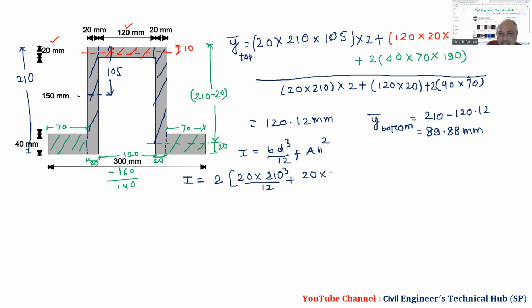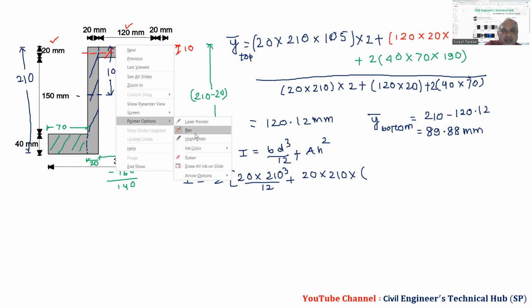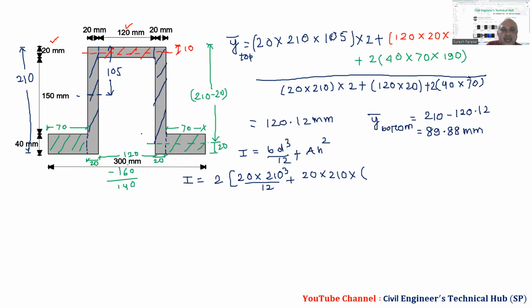So we have 20 into 210, and H we have the distance between the centroid of the whole section and the centroid of the individual section. I will mark the centroid of the whole section, and we have 120, so somewhere here.